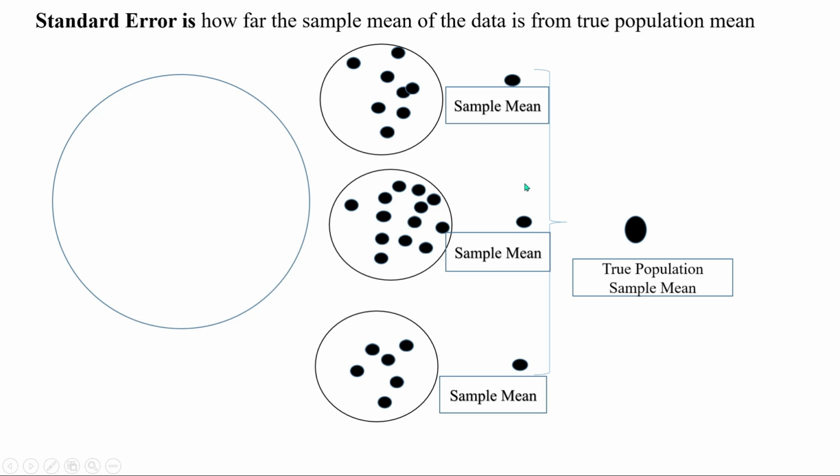That means from these 3 sample means we calculate one mean value. So this is basically the true population mean. In reality we can't find the true population mean, so that's why we calculate the mean value of the sample means. And the standard error calculates the variation of each sample mean from this mean of the sample means.